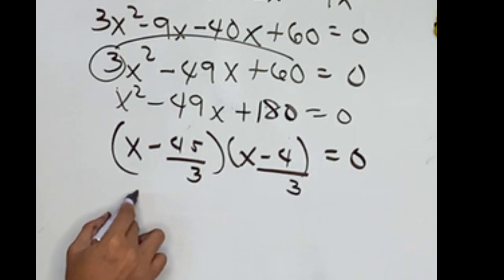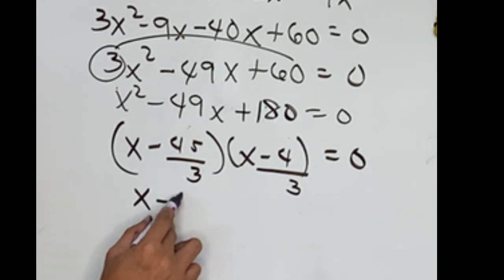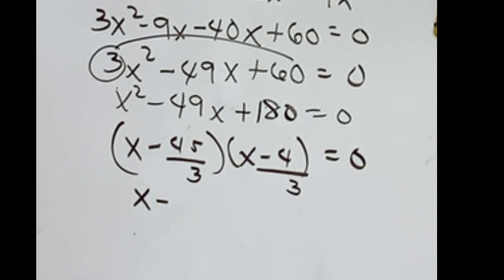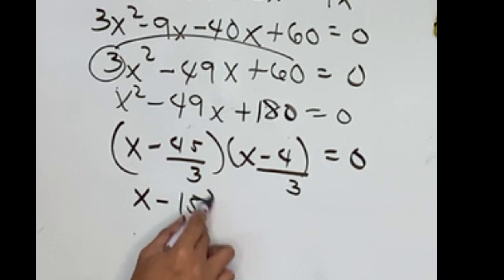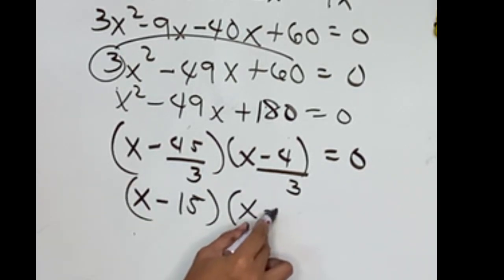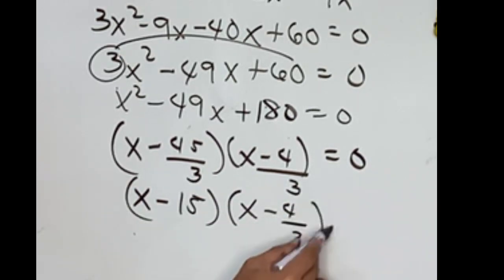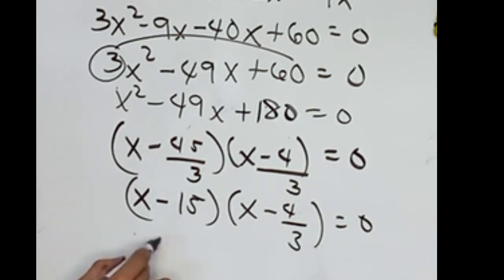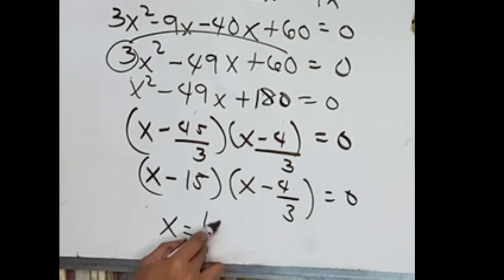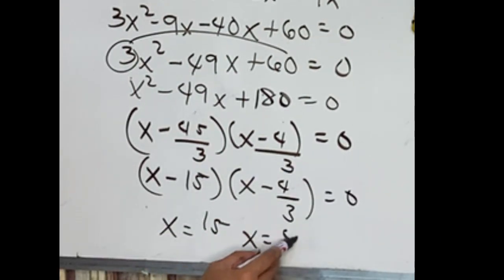So divided by 3, x minus 45 divided by 3 will be equal to 15, and x minus 4 thirds is equal to 0. Therefore, x is equal to 15 and x is equal to 4 thirds.